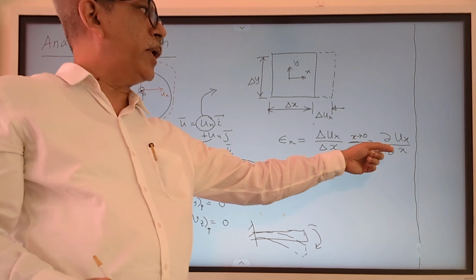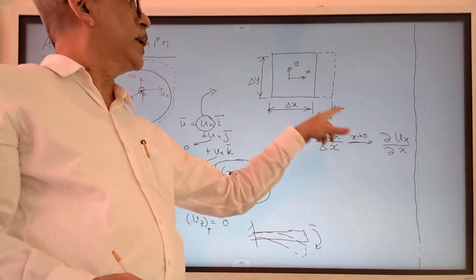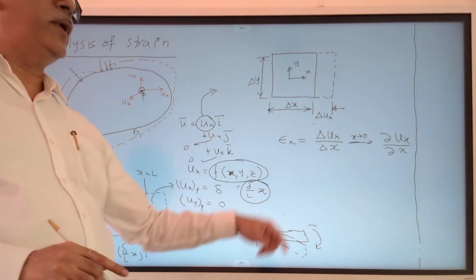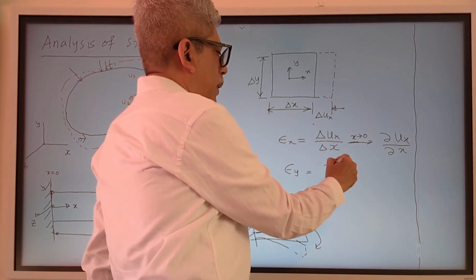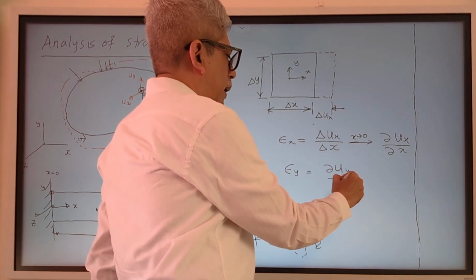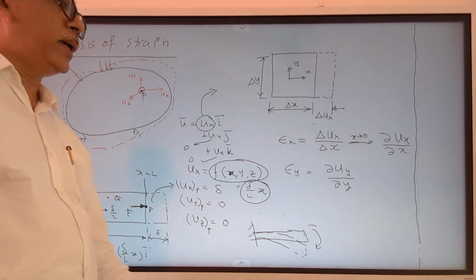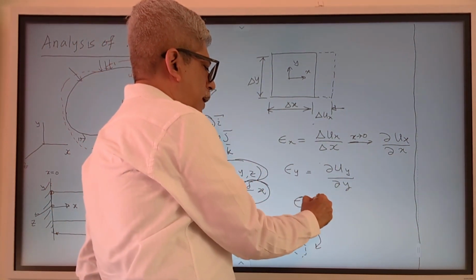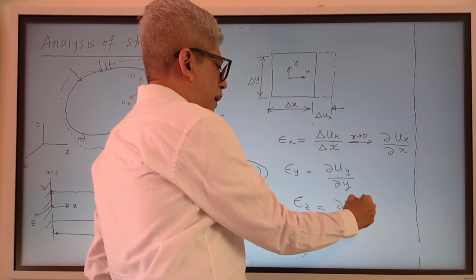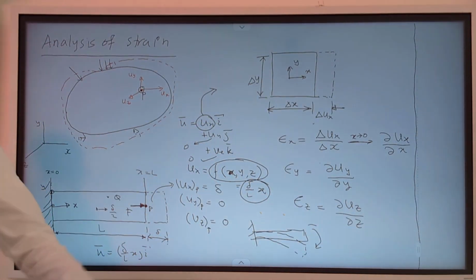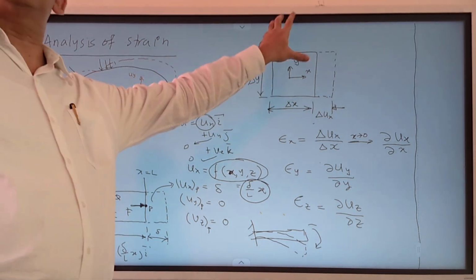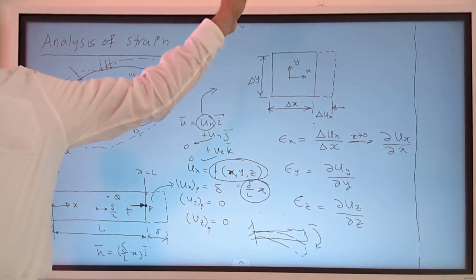So epsilon x will be given as partial ux by partial x. In a similar way, in the y direction, you will have epsilon y equal to partial uy by partial y, and epsilon z will be partial uz by partial z.